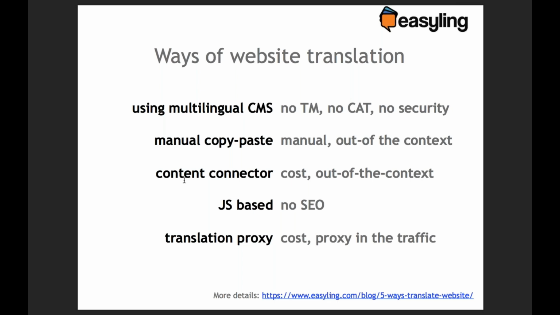The problem with it is that it's manual, and also if you translate in Excel or Word, there is not much context, so you cannot check how menu items or buttons would work, or how a form would work.